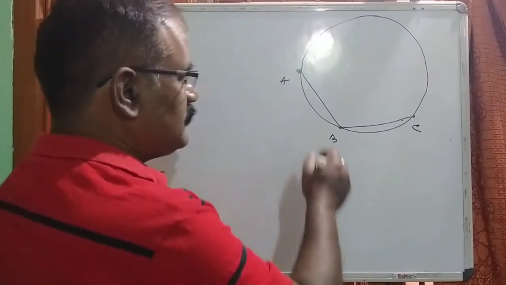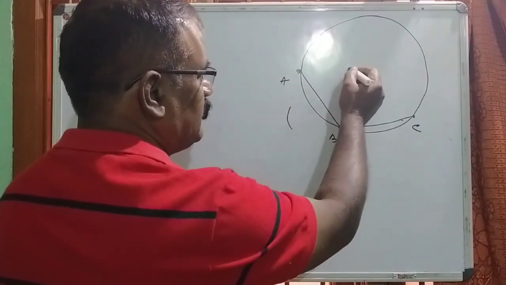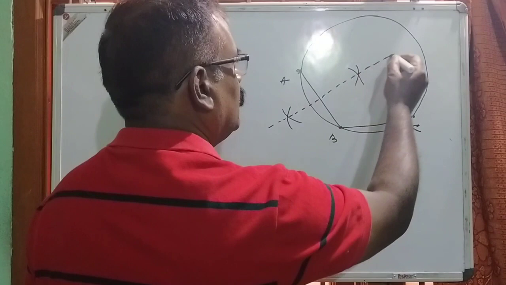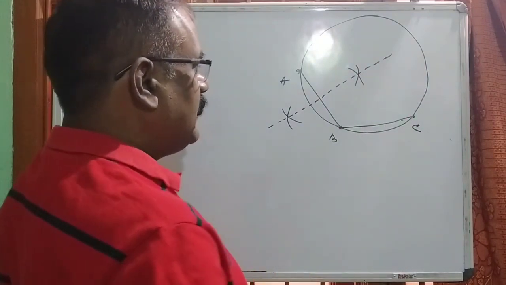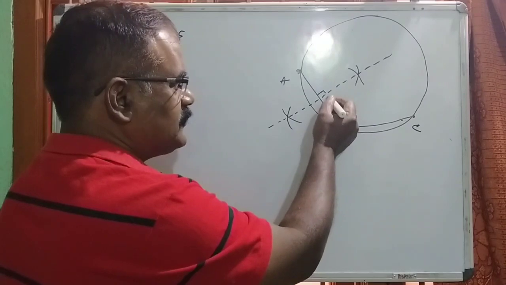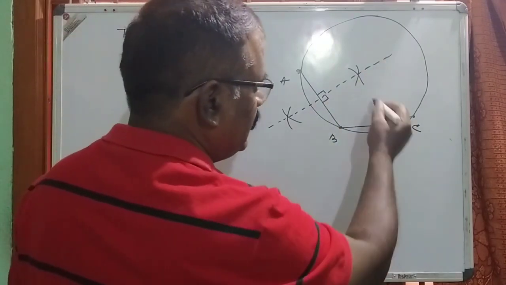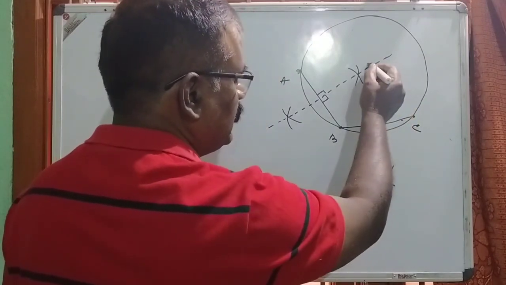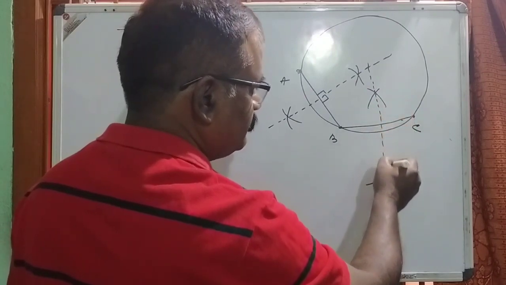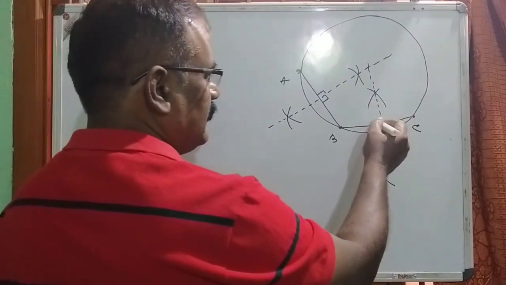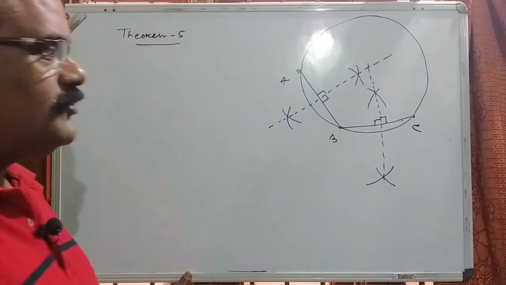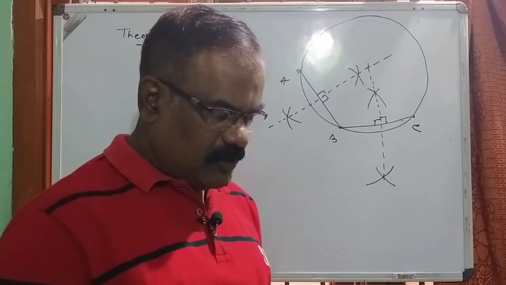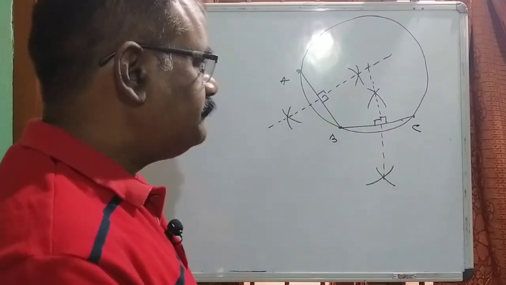By construction, we draw the perpendicular bisectors of these 2 chords and produce them. Definitely they must meet at one point because these 3 are non-collinear points.